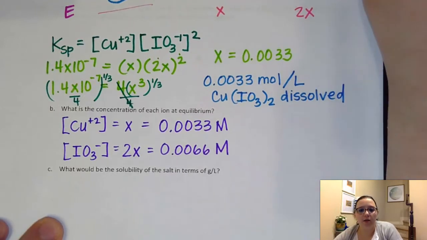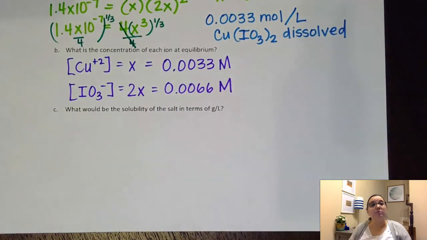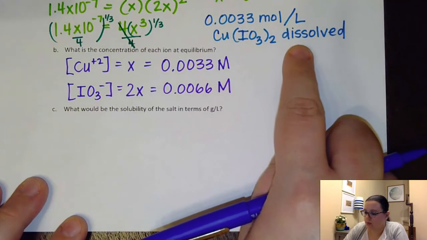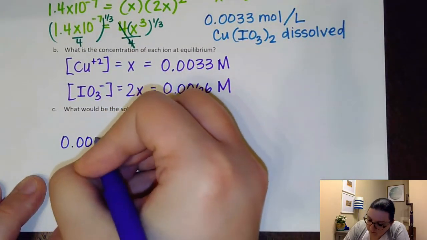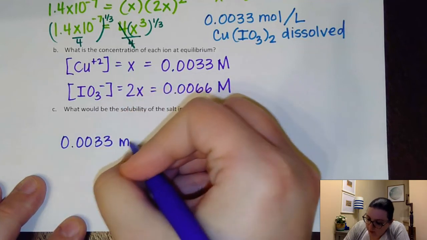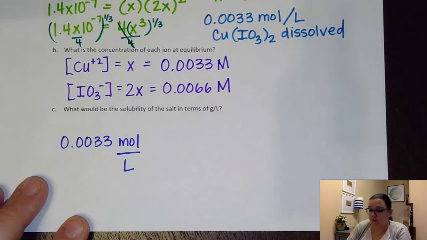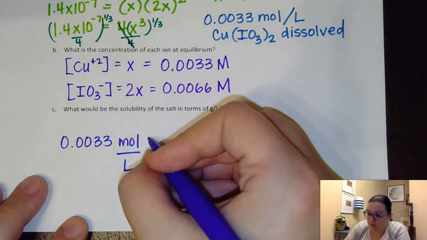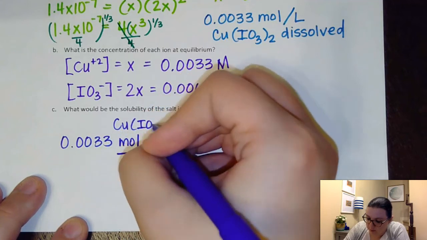There's one other thing we could solve, and that is it asks, what would be the solubility of the salt in terms of grams per liter? So we just solved moles per liter up here. If I wanted to get the moles per liter into grams per liter, I could set up a conversion of the moles into grams. To do that, I would need the molar mass of specifically the Cu(IO3)2.